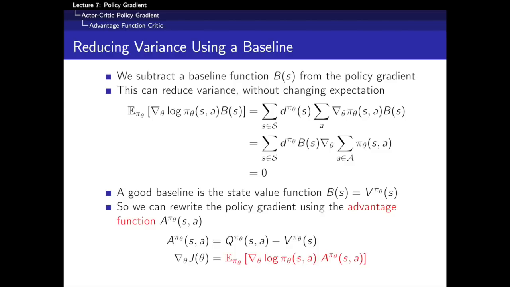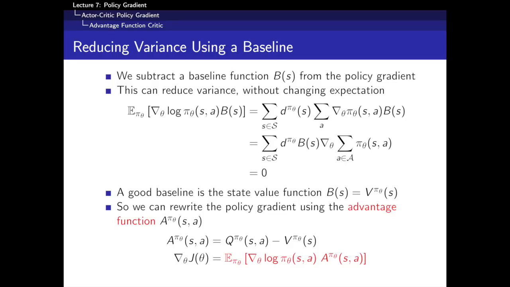But now what this result tells us is that we can add or subtract anything we want from this q, as long as that thing is just a function of state and not a function of action, so as to control the variance of this whole term. We want this expectation to be low variance, but we don't want to change the direction of ascent. And there's a particularly nice choice that we can pick, which is going to have some nice consequences for us.